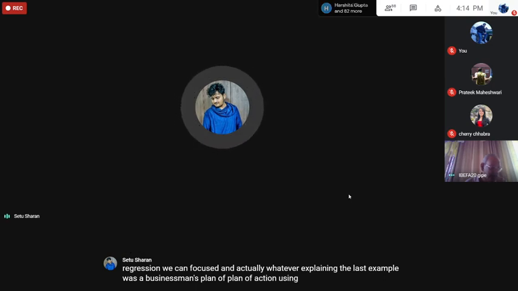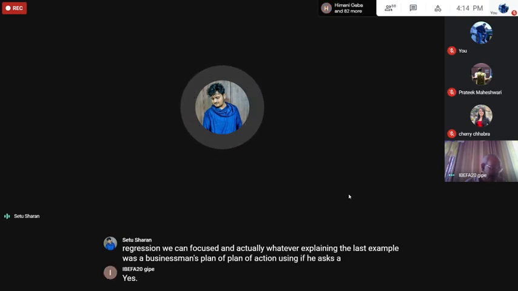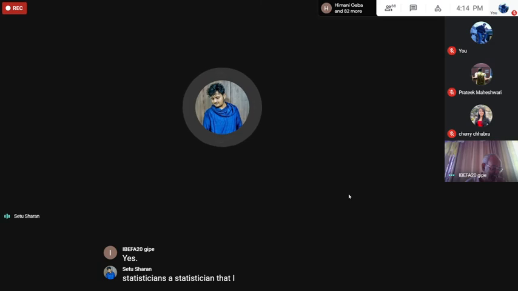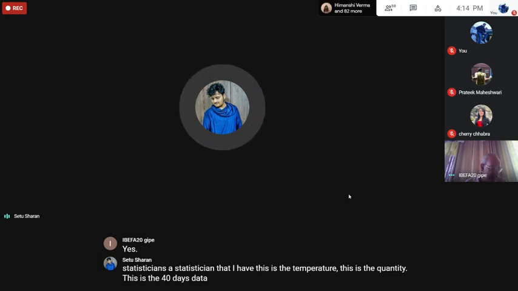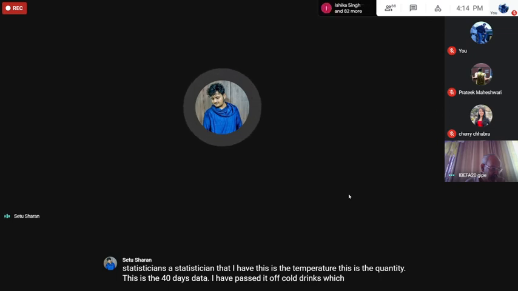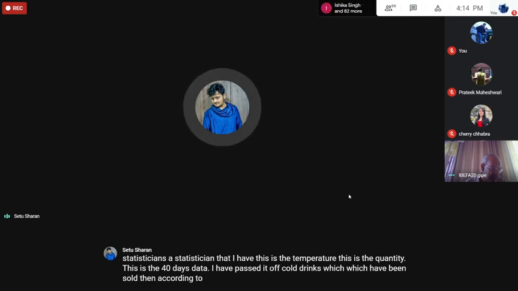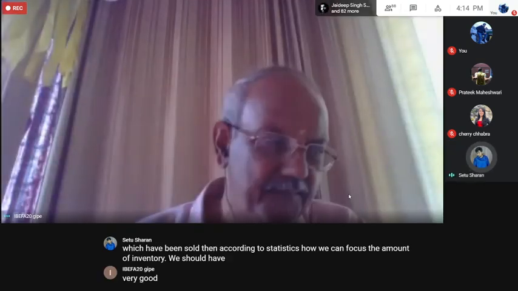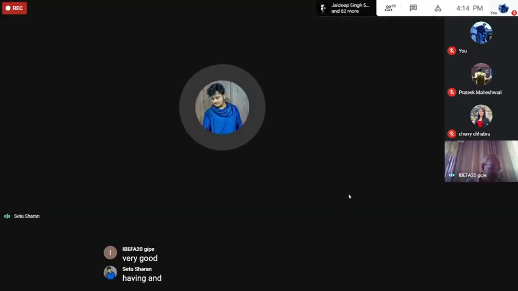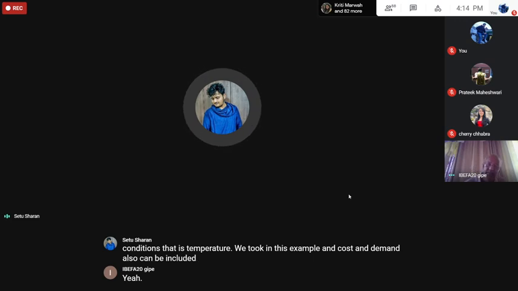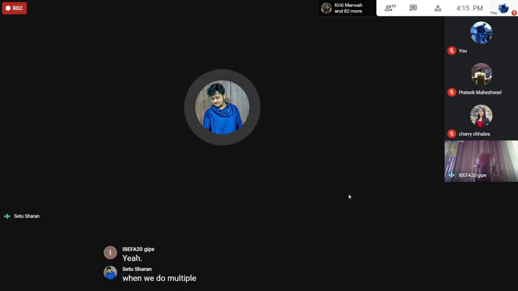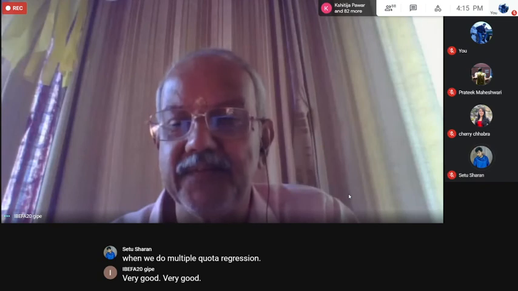If he asks a statistician that this is the temperature, this is the quantity, this is the 40 days of past data of cold drinks sold, then according to statistics, how can we forecast the amount of inventory we should have? Very good. According to the sales we are having, and according to different conditions, that is temperature, which we took in this example, and cost and demand can also be included later when we do multiple regression. Very good.